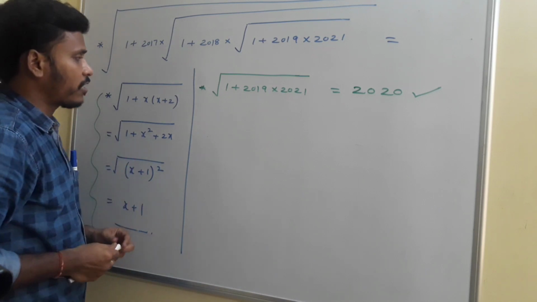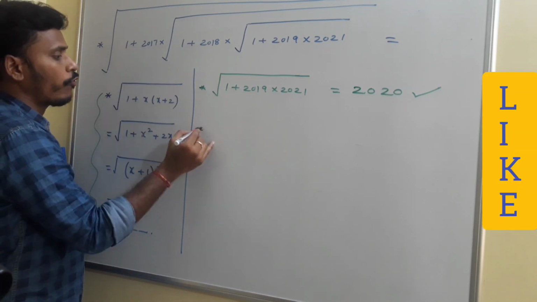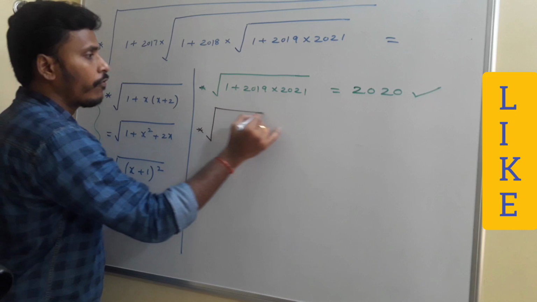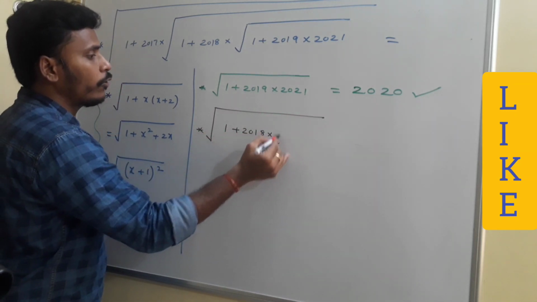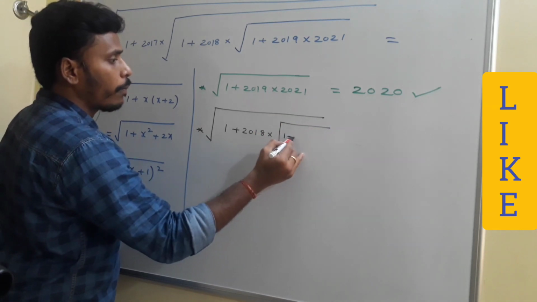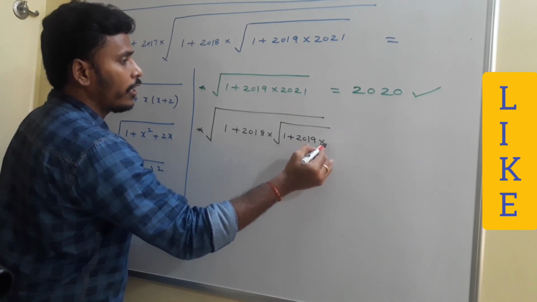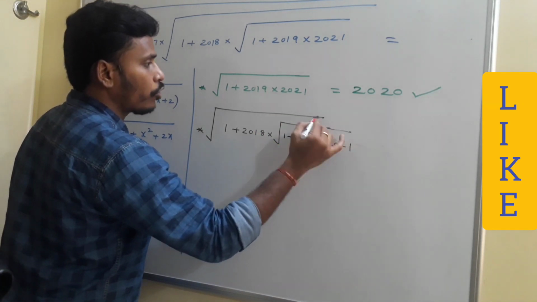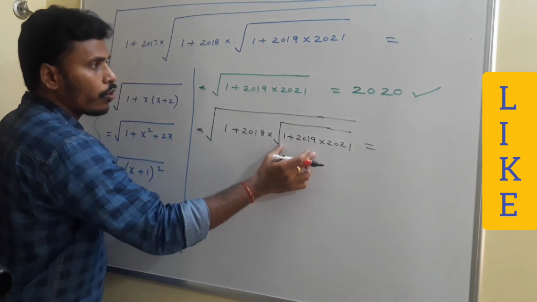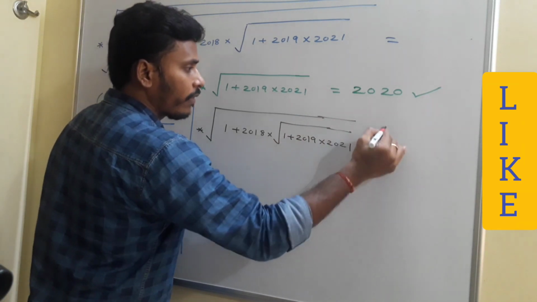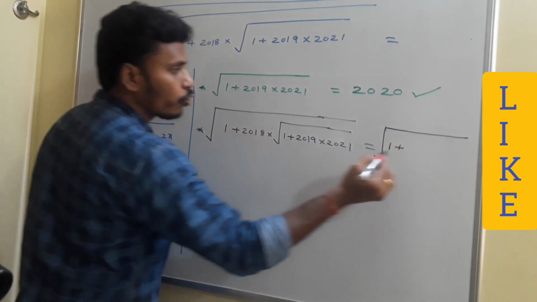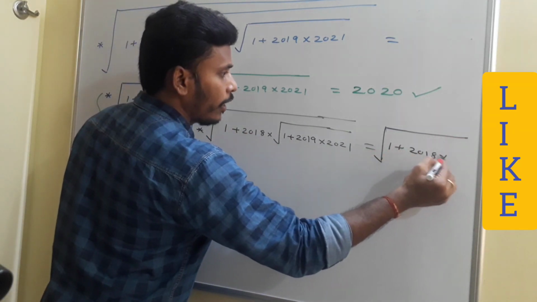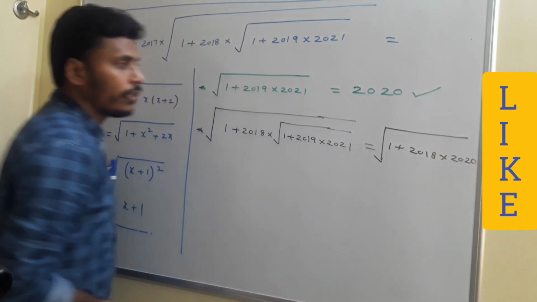Now the next step is the next square root I am going to find. Square root of 1 plus 2018 into square root of 1 plus 2019 into 2021 is the question. Now this square root value is 2020, right? Then it becomes square root of 1 plus 2018 into 2020.